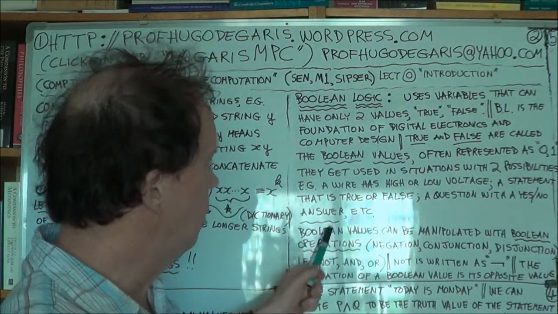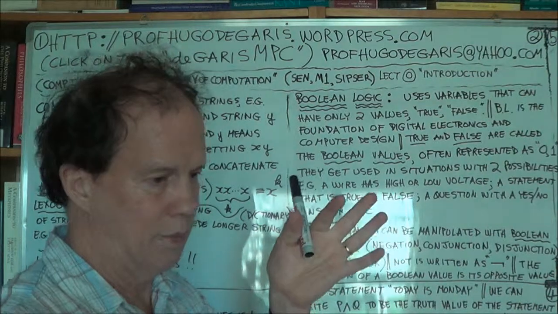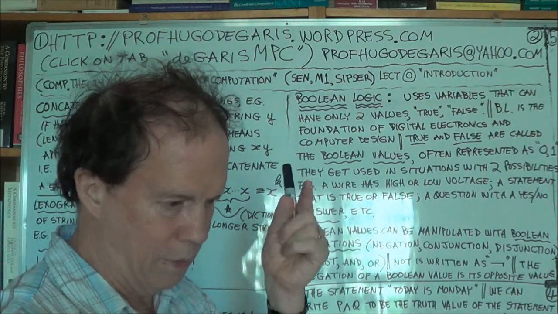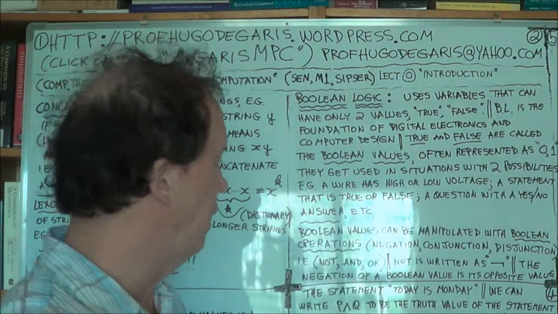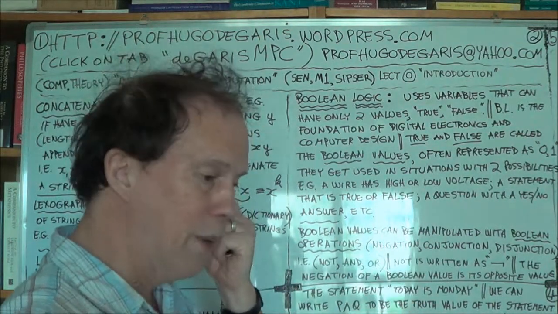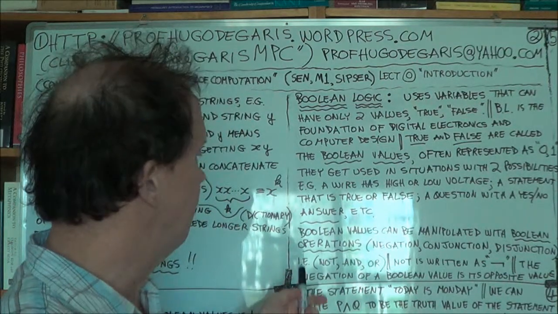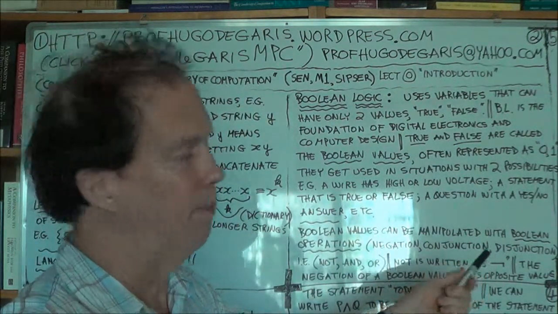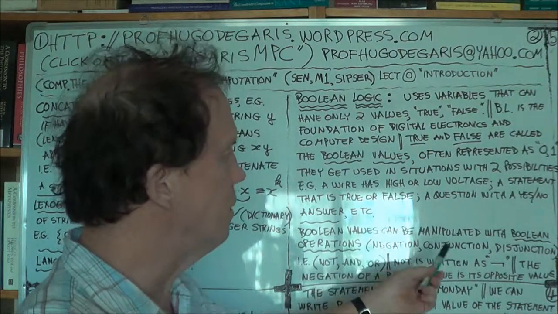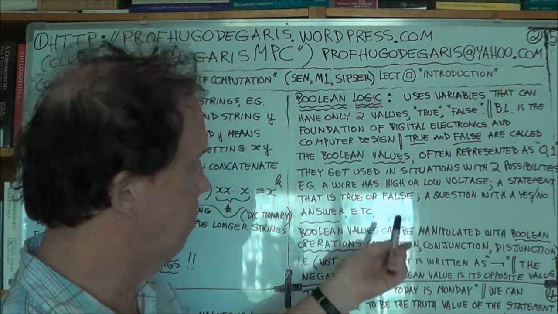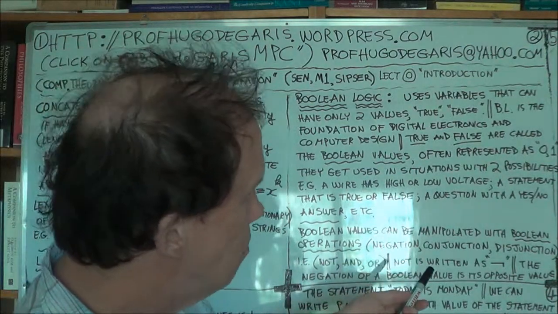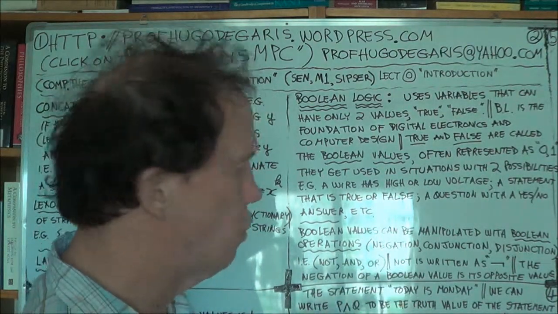Okay, now Boolean values. A Boolean variable has 2 values, true or false, and you can perform operations on them. We'll do the 3 main ones. There are more, and we'll talk about that in 2 sessions.